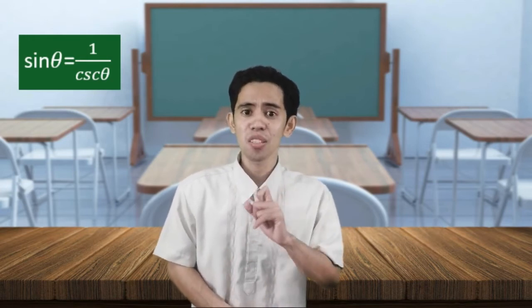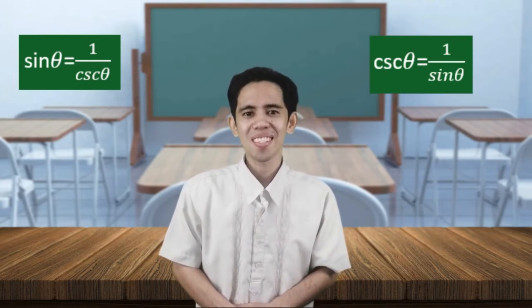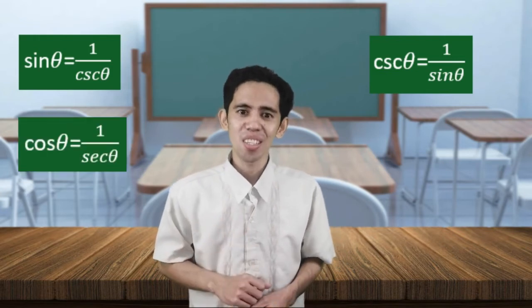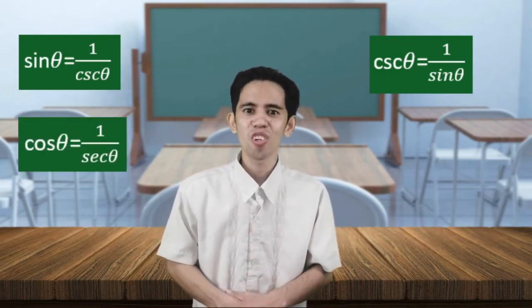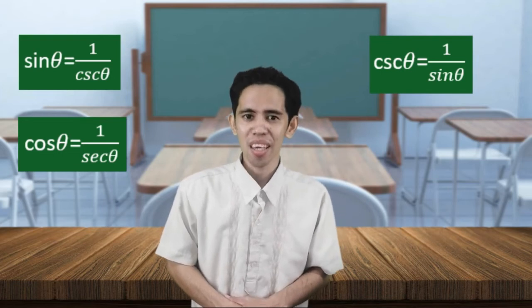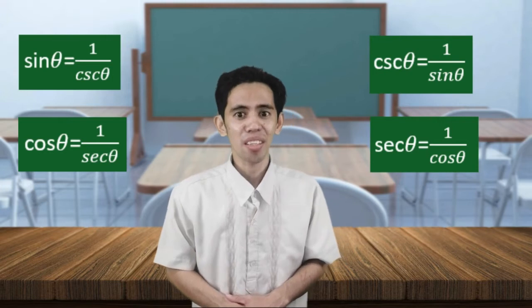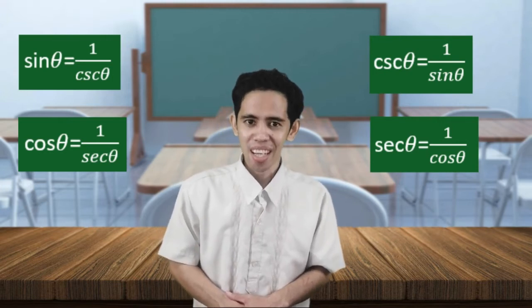And its reciprocal is cosecant theta is equal to 1 over sine theta. Then cos theta is equal to 1 over sec theta. And the reciprocal of this is sec theta is equal to 1 over cos theta.